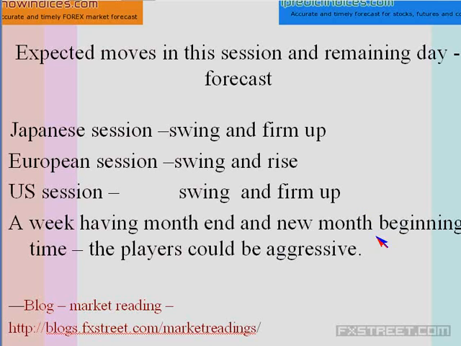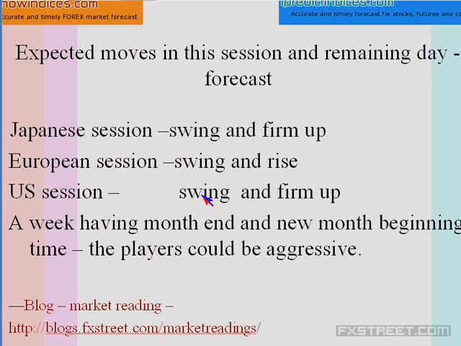And keep in mind that last week you might remember that instead of making the week-beginning false move during the Japanese session, they made the week-beginning false move during the US session. Today they are not expected to make a week-beginning false move during the US session, but they are expected to make a little bit of volatile moves, but don't be afraid of it.